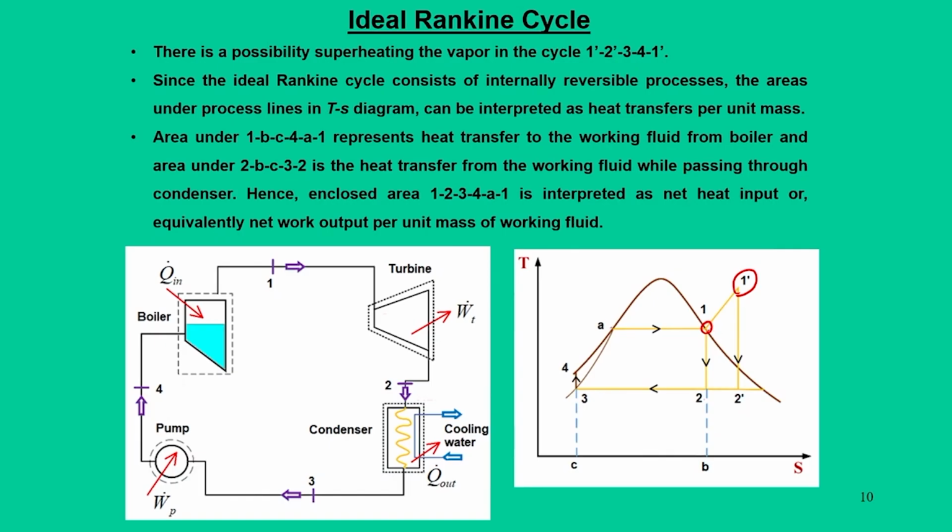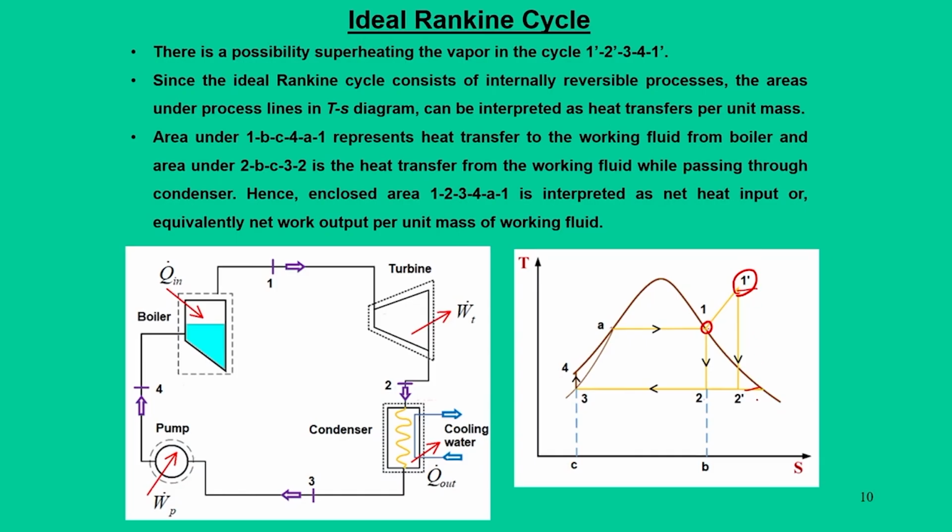Ideally speaking, 1 to 2 or 1 dash to 2 dash are the processes in the turbine. The very basic difference is that steam at state 1 is heated further before being expanded in the turbine. The advantage is that the length of this vertical line is higher.